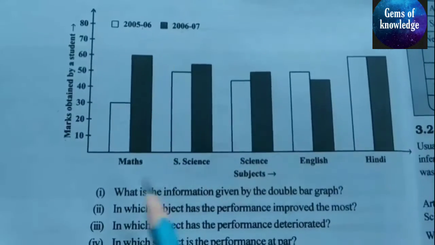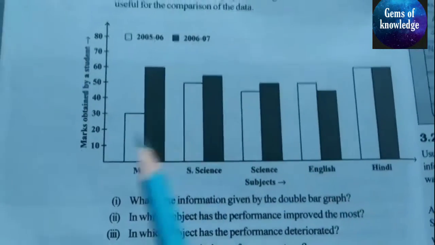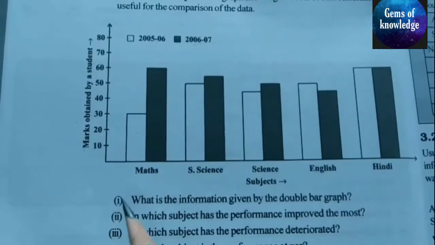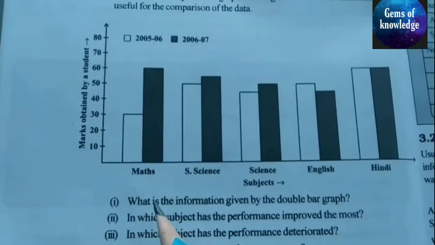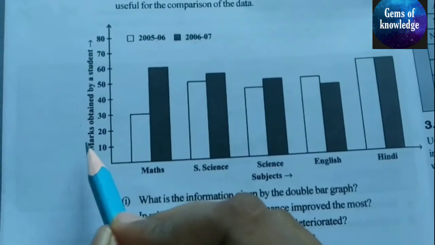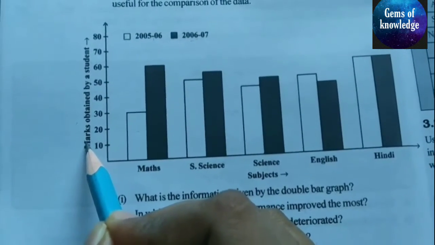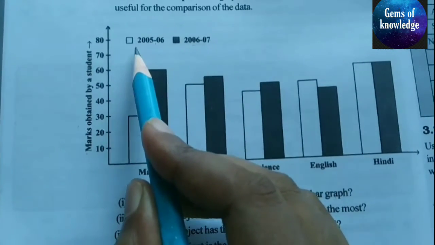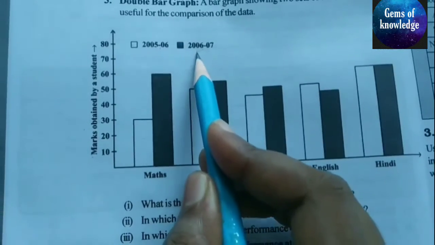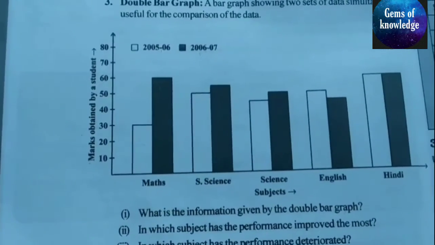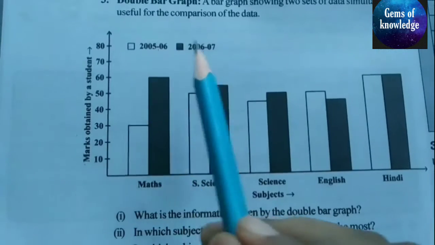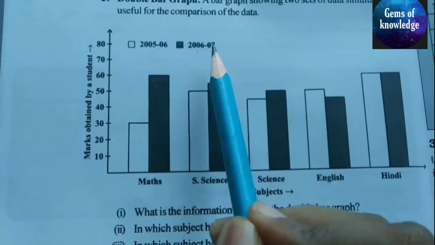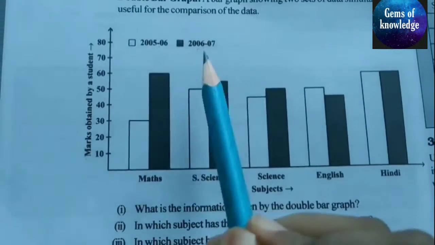So what is the information given by the double bar graph? The first question asked is, what is the information given in this double bar graph? Here they have given us the marks obtained by a student in 2 years, that is 2005 to 6 as well as 2006 to 7. Or else we can say that the comparison between the marks obtained by a student in the 2 years is given.